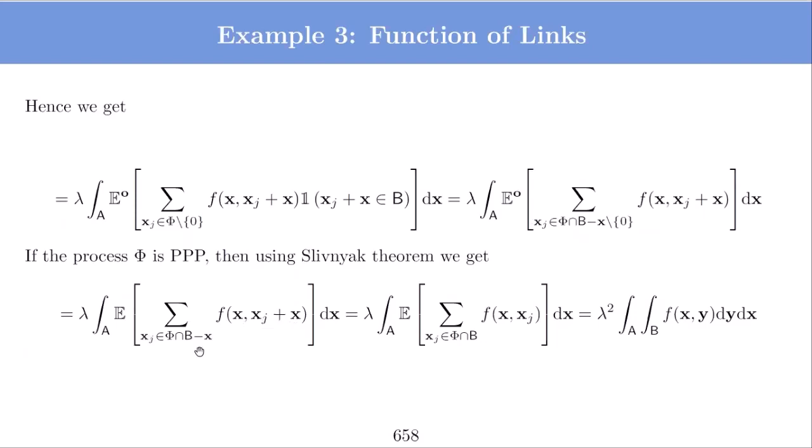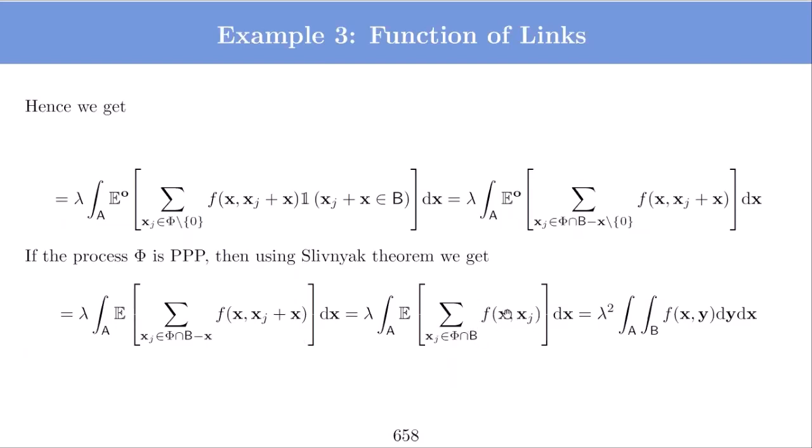Now if you look at this, this is a stationary point process. So if I shift phi by x, that is not going to change the distribution. So I can equivalently write it as the expectation of the sum over xj belongs to phi intersection B of f(x, xj).